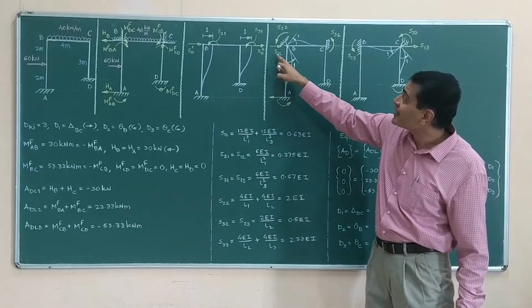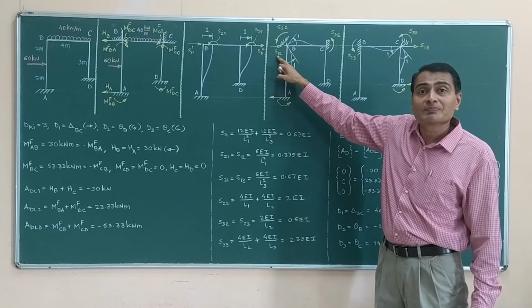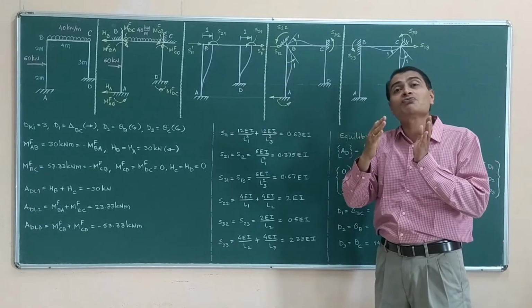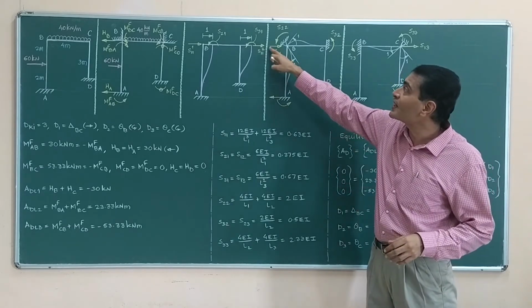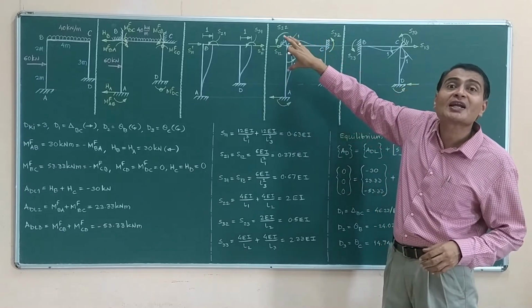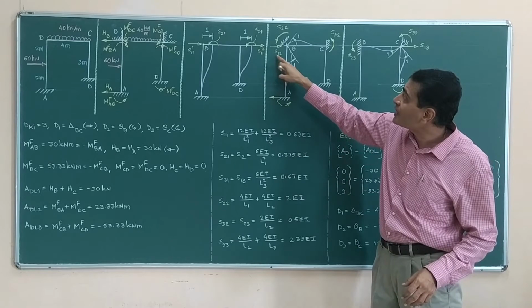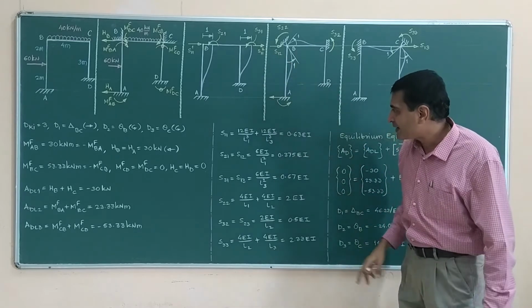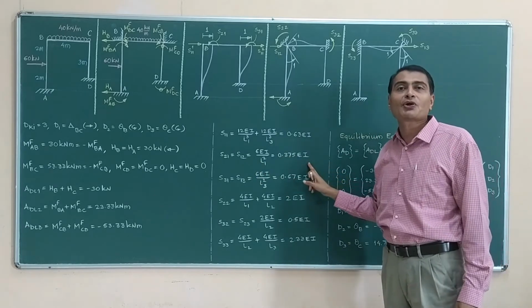So I am calling it S12. Why S12? 1 corresponds to my first node, which is sway, which is translation. So I am showing it as force, and 2 because the cause is rotation at B, that is our D2. So the stiffness coefficient has to be S12, and that we have already calculated as 0.375 EI.